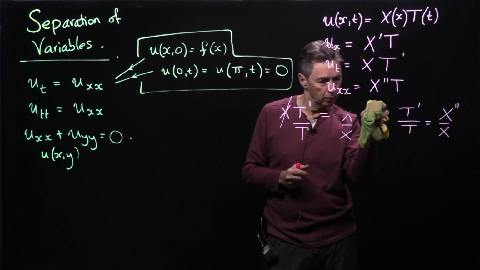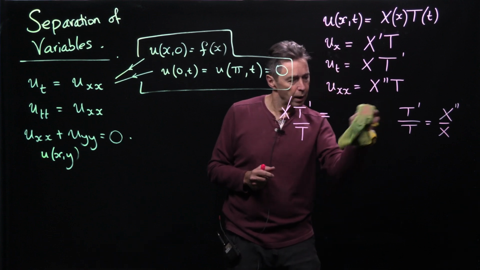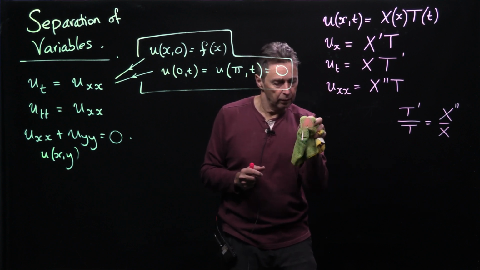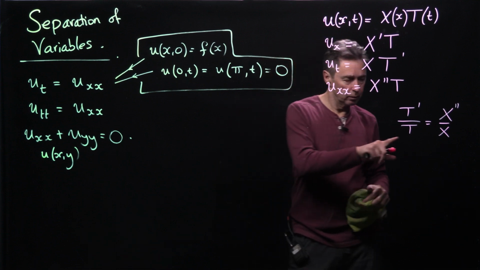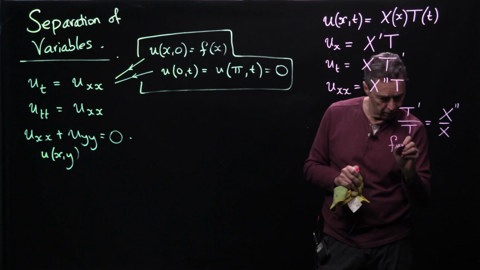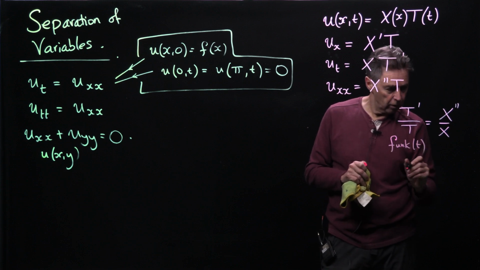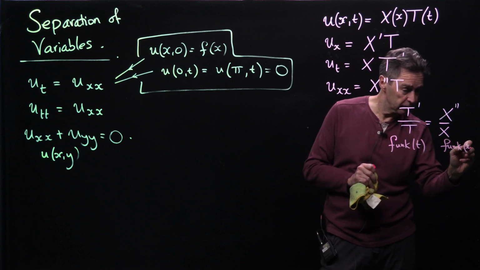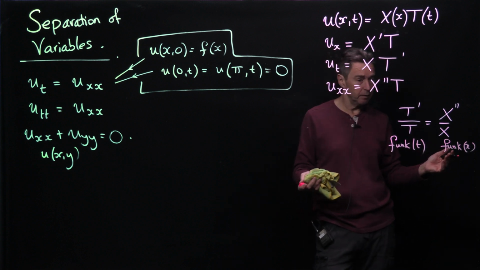However, once I've written it this way, I realize that I have a function on one side which only depends upon t. This is a function of t. On the other side, I have only a function of x. t and x are independent variables.